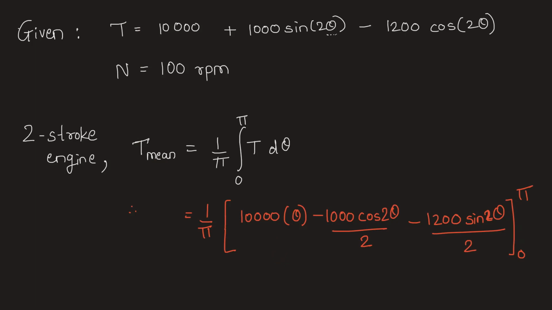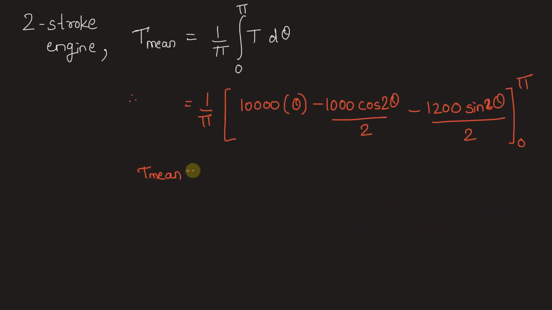Let's put the limits here. So in the next step, we'll get T mean as 1 by π, 10,000 into π minus 10,000 into 0. So in all, we get 10,000 π as the first term. Then for the second term, we have minus of 1000 cos 2π. cos 2π is 1 and cos 0 is also 1.